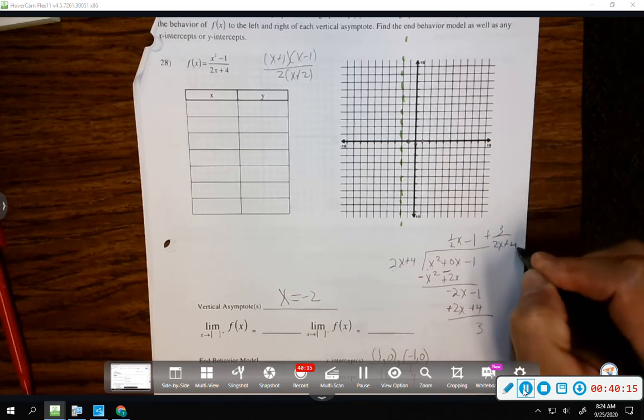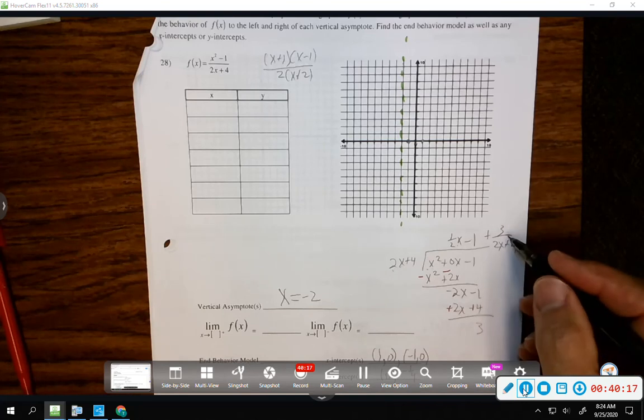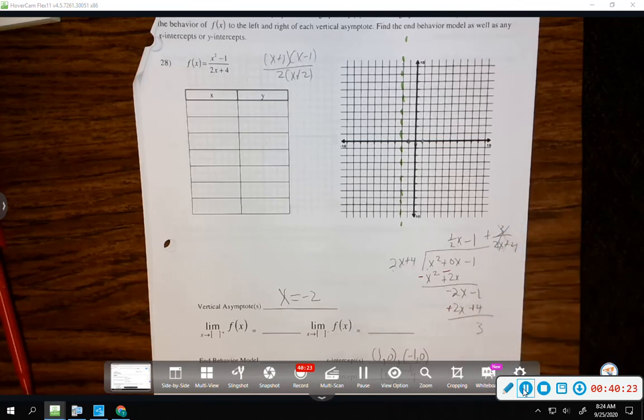But remember, if x goes to infinity, this is going to go to 0 because the denominator is going to grow faster than the numerator. So we can cancel that out. That's the end behavior model: y equals 1/2 x minus 1. That's going to make a big difference when we go to graph this.